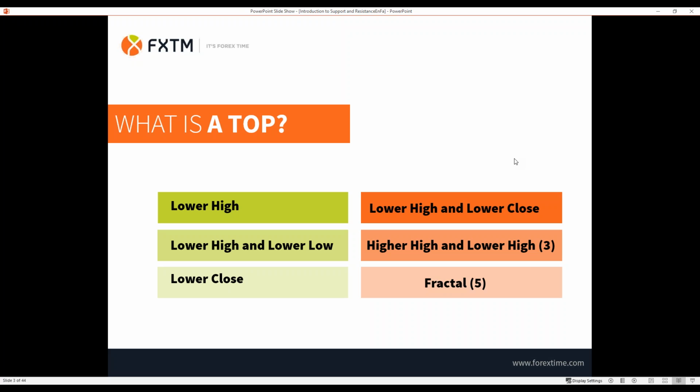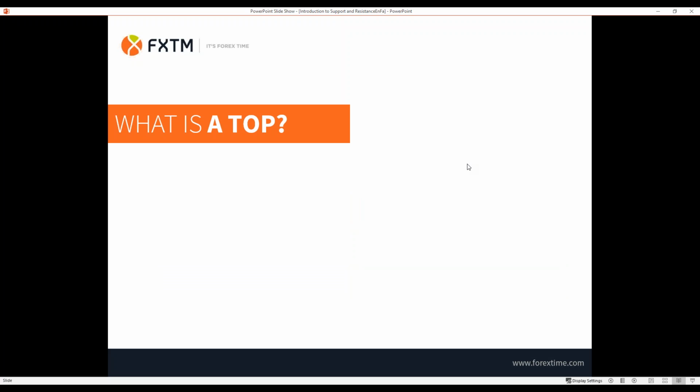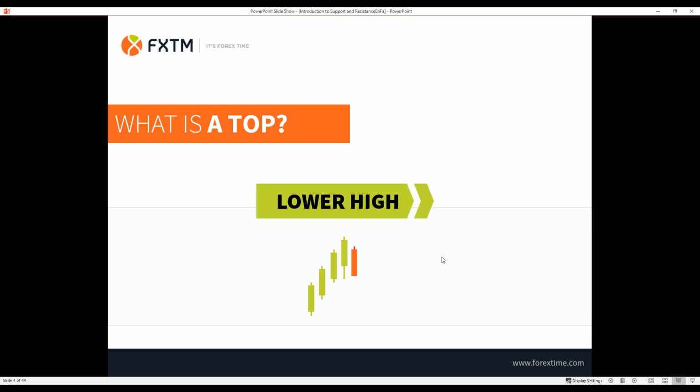Now, let's go and explain each and every definition of a top. So lower high looks like that. Look at that. You see, this high is lower than the previous high. So here it's a top. We have a top because this is lower high compared to the previous one.